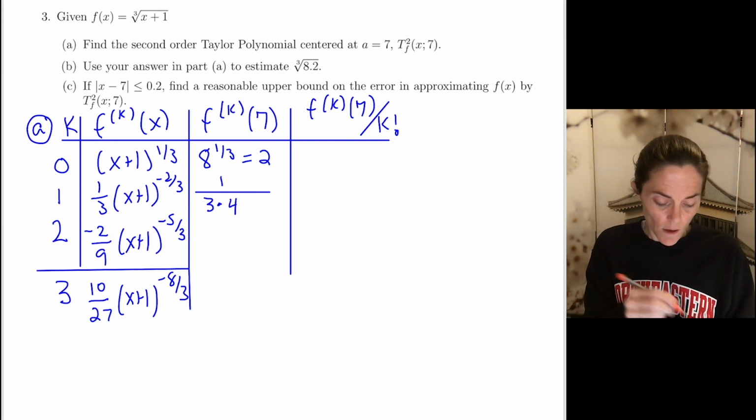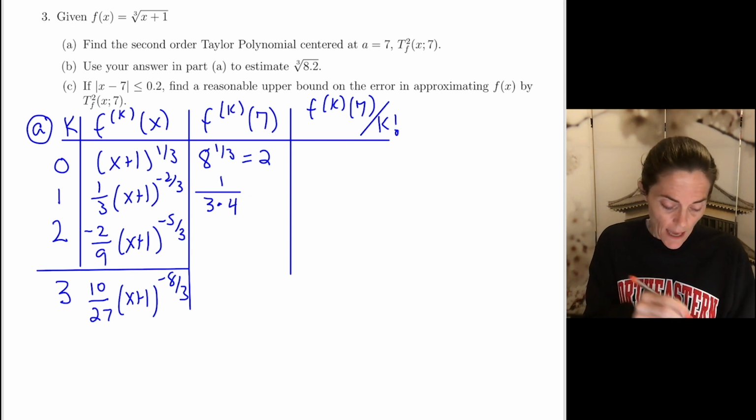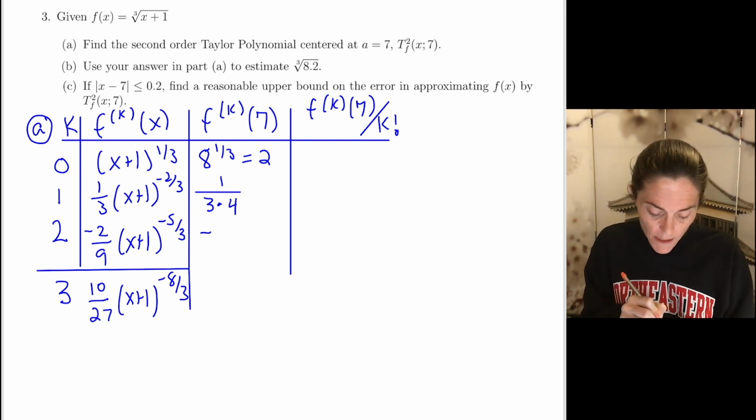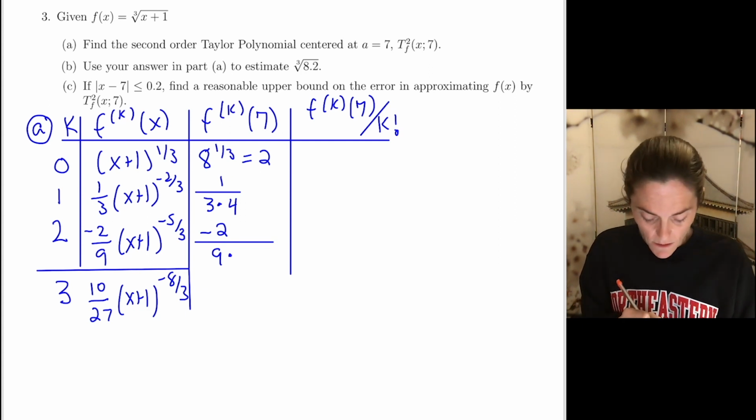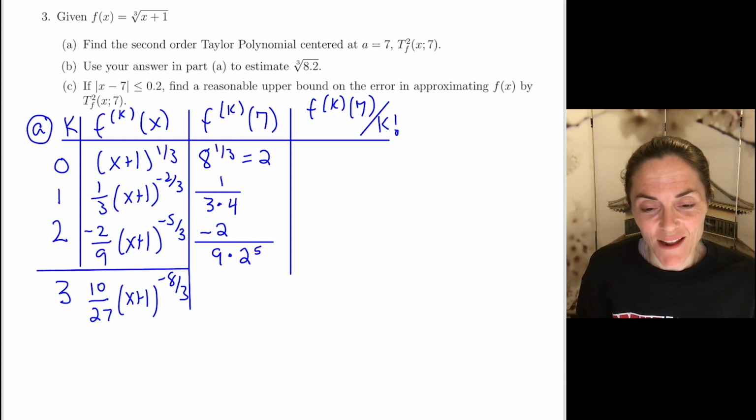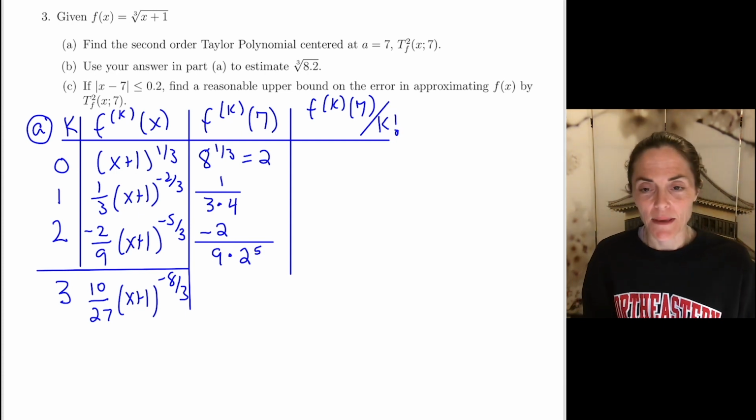This is 1 over 12. Okay, great. And then here I have minus 2 over 9 times 2 to the 5th. I'll just leave it like that for the moment, because now comes when I actually get my coefficients.